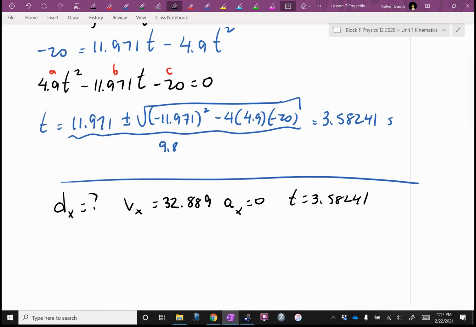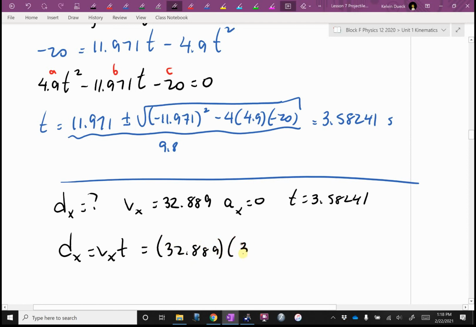Looking for an equation that's got a dx and a vx and a t. Which one? dx equals vxt. No plus a half at squared. Oh, bonus. So it's going to be 32.889 times 3.58241.